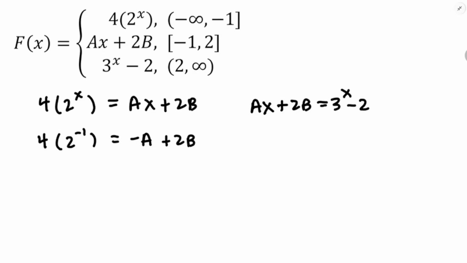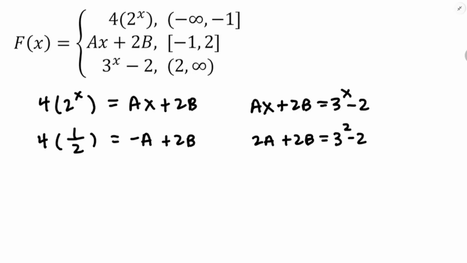But I'm going to plug in x equals 2, let's say, 2a plus 2b equals 3 to the 2 minus 2. All right, 4 times 2 to the 1, well, 2 to the 1, that's a half. It's 1 over 2.